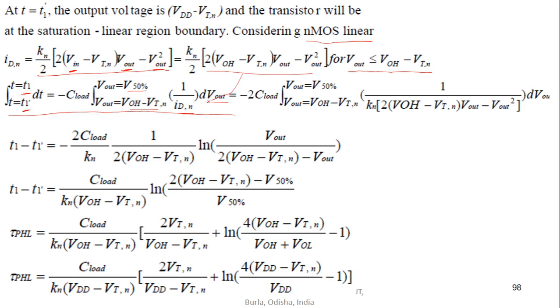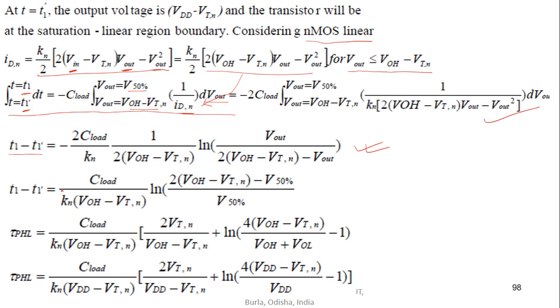You put this value here and you will get this equation. Solve this equation to get the value of T1 minus T1 dash, and this will come out to be minus 2 C load by Kn (2 VOH minus VTN) log of V out by (2 (VOH minus VTN) minus V out).